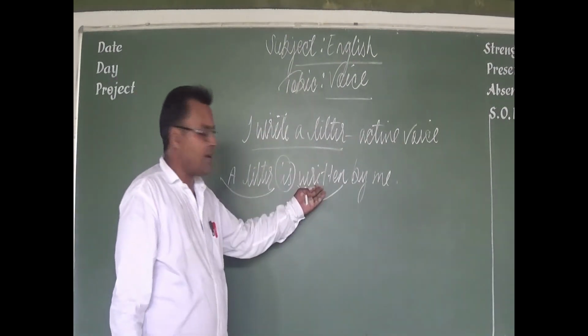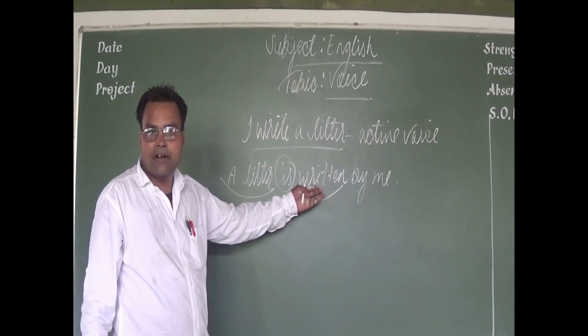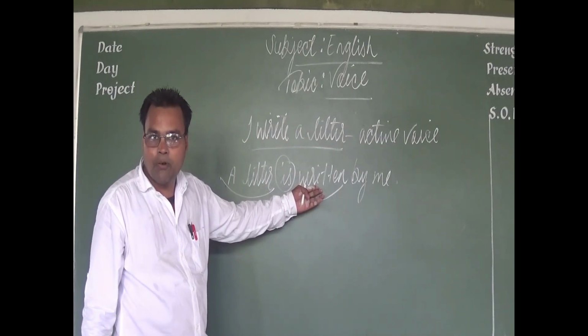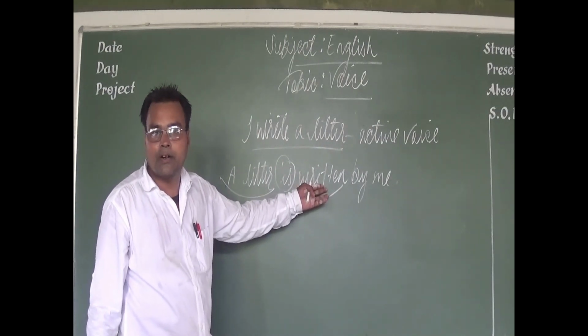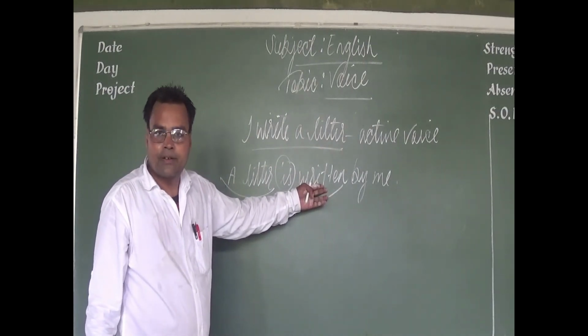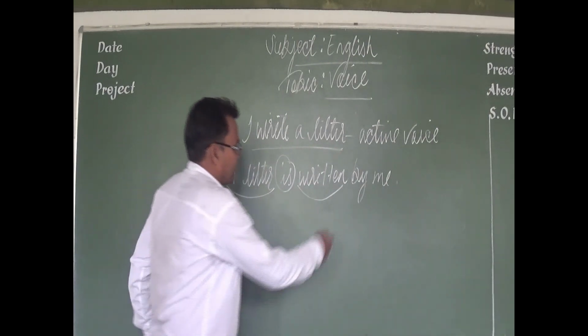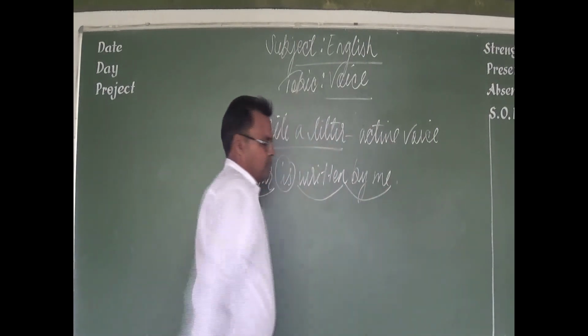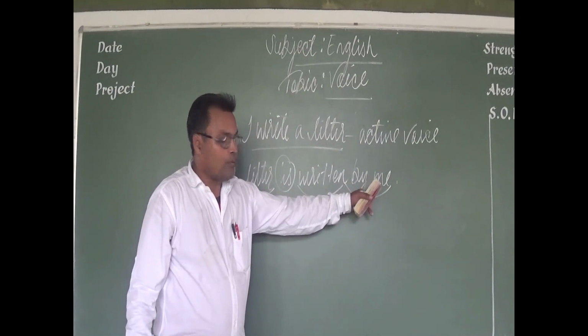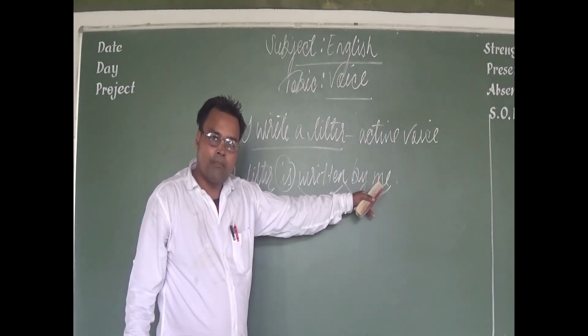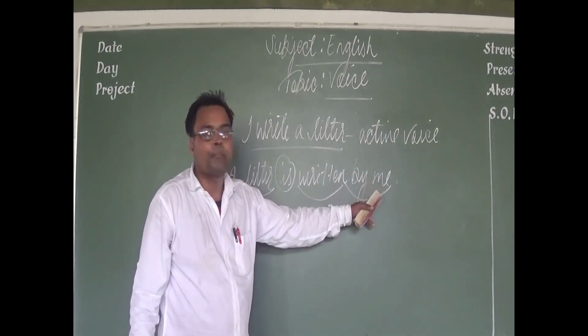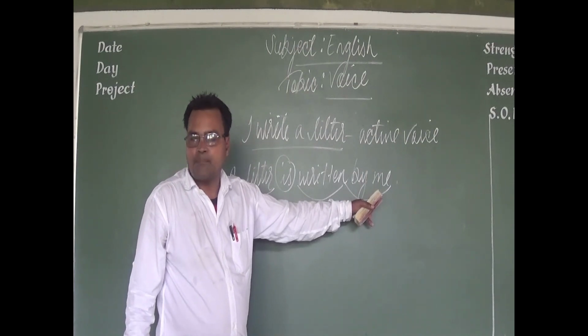So, here also the third form of write is used. What is the third form? Written. Written is the third form of write. Here, at the last, where verb used, object used to come, now it has been replaced by the subject.